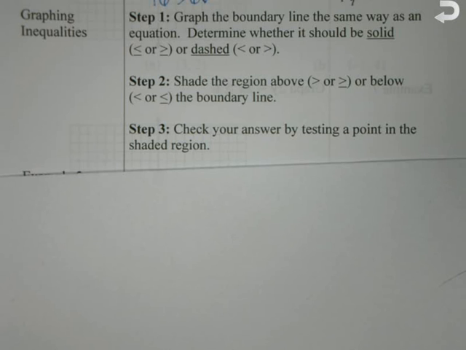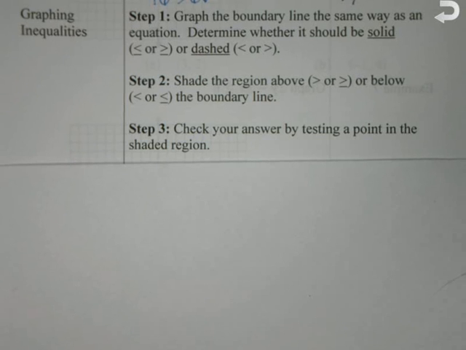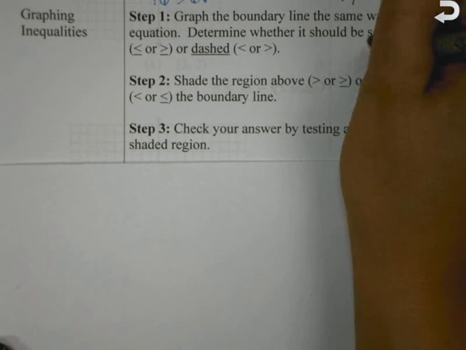The only thing that's different is that because we're inequalities, sometimes we're just less than or greater than, but sometimes we have that equal to underneath, right? So if we have the equal to underneath, that means we actually can touch the line. So our line is solid if we have the greater than or equal to or less than or equal to.